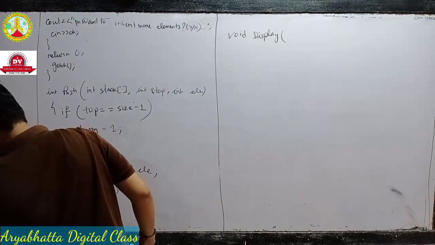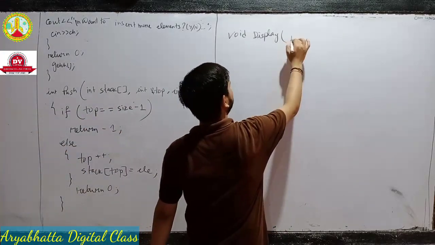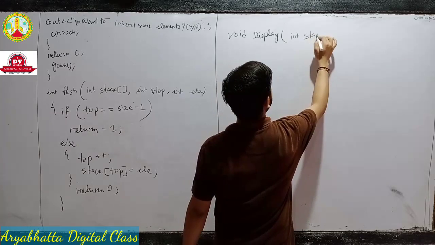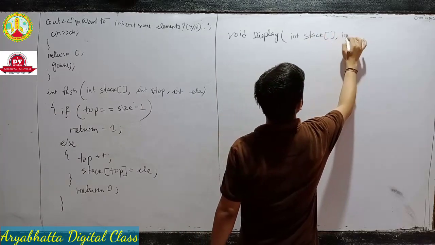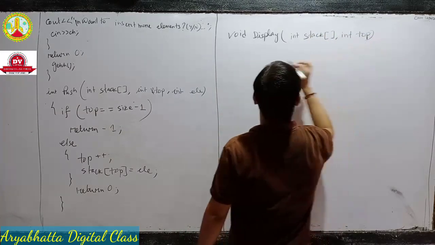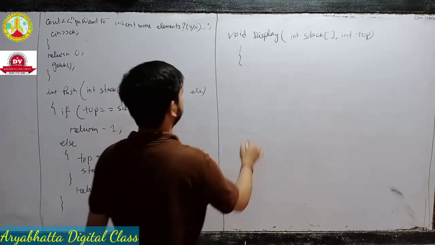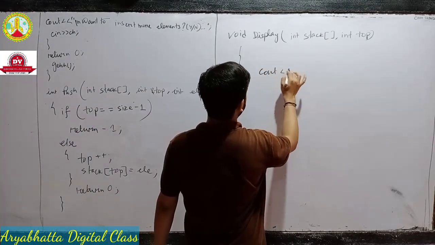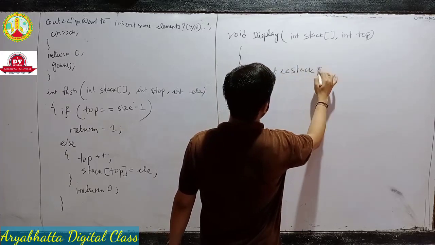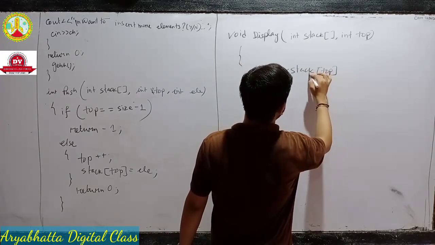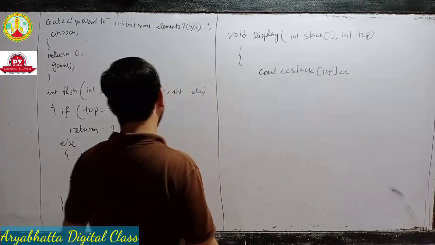Void display int stack and int top. cout stack top.